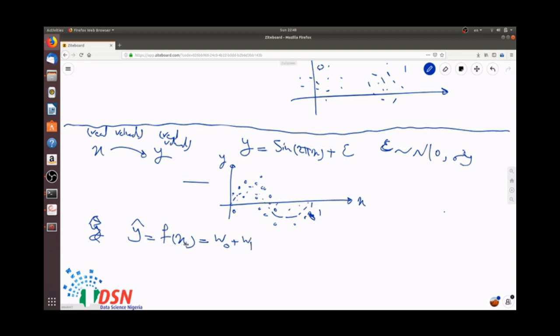Maybe it is better to show it as a function of x and the parameters w. We could think that the degree of this polynomial is m, so we could show this in this way.